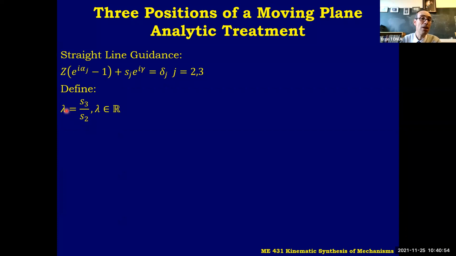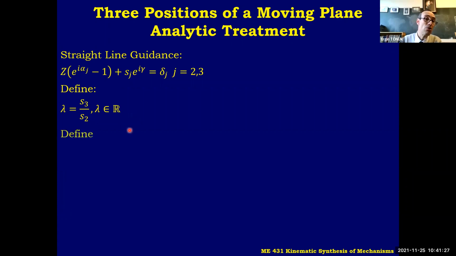You could make lambda between 0 and 1. In that case, S3 is smaller than S2. Or you can make lambda even negative. In that case, S3 and S2 will have opposite sides, okay? If one is on the right, the other one is on the left, but you can't determine which is which, because we take the ratio. However, that's not important. You can make all of those.